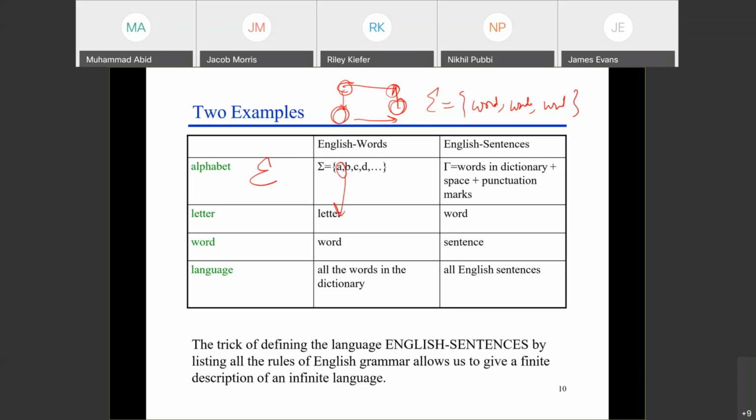And whenever I am talking about a word, I mean a combination of these letters, so more than one letter or one letter. And whenever I am talking about a language, it is a combination of words that will make your sentences and the language. Okay? That is very important. You need to understand.